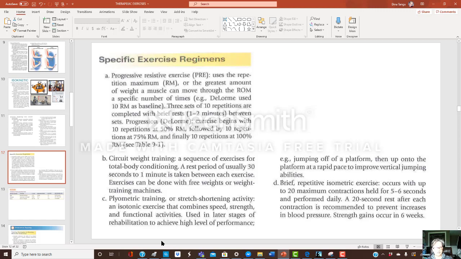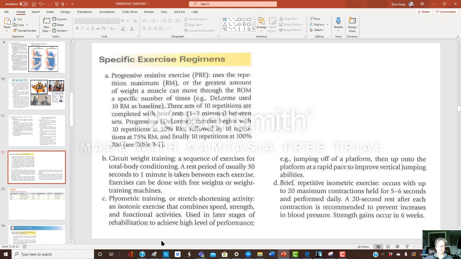So the progression is, let's say you can do shoulder press 10 pounds for 10 reps, and you can't do any more than 10 reps.